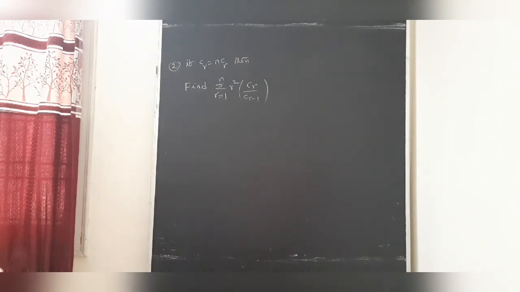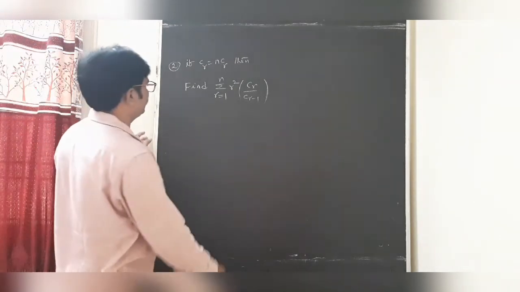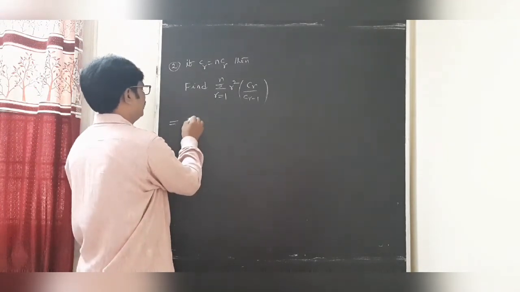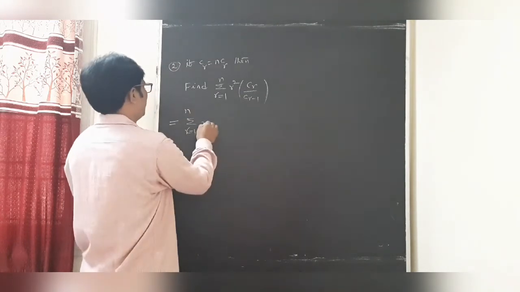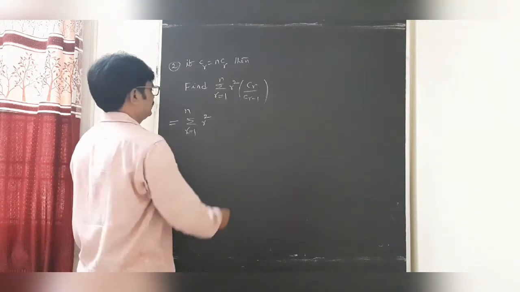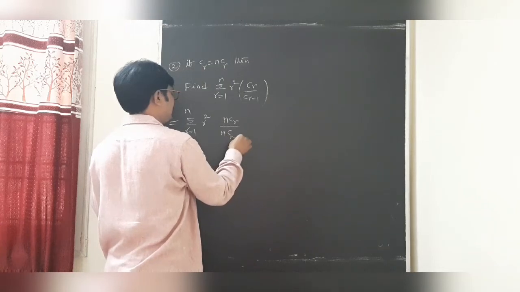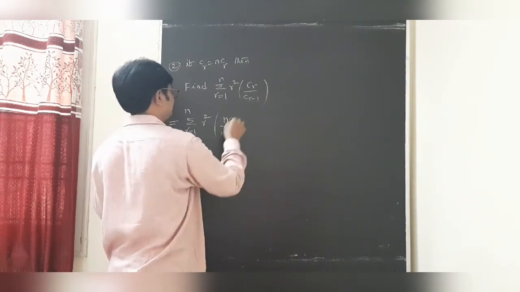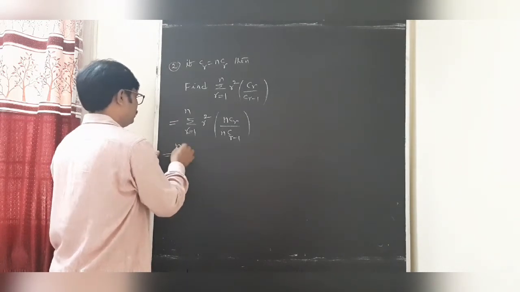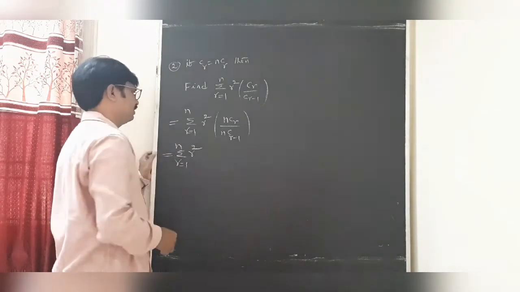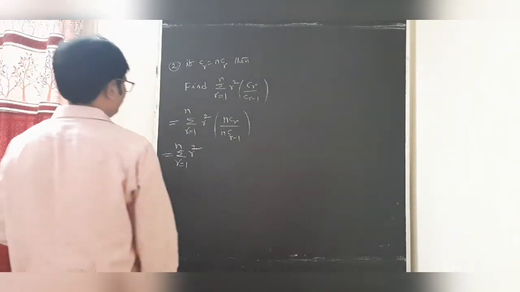Okay, my dear students, we can write this as sigma r equal to 1 to n, r square, times NCR upon NCR minus 1. So dear students, how can you write this?